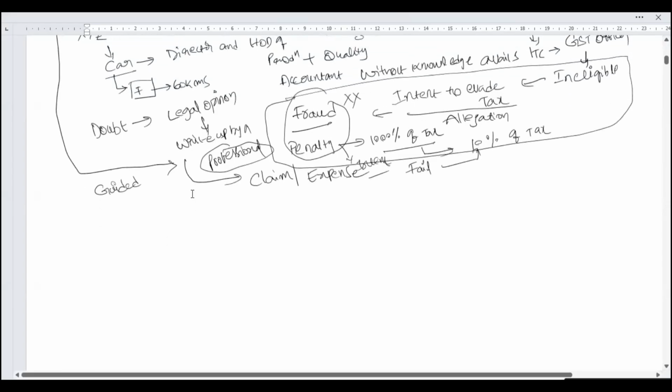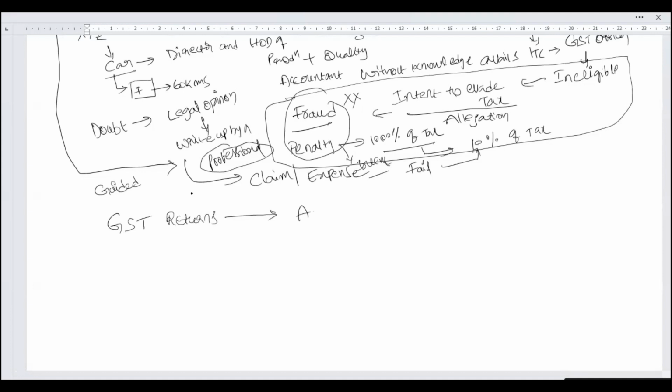Moving further, your GST returns. My GST returns are automated. We are in 2026. This GST law started in 2017.